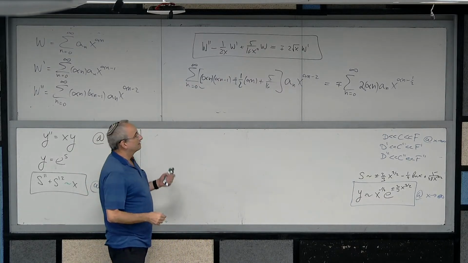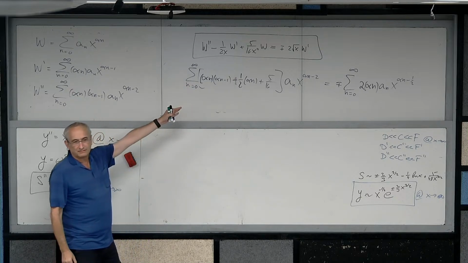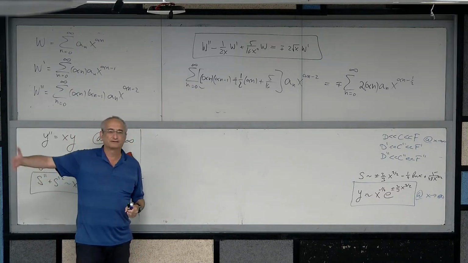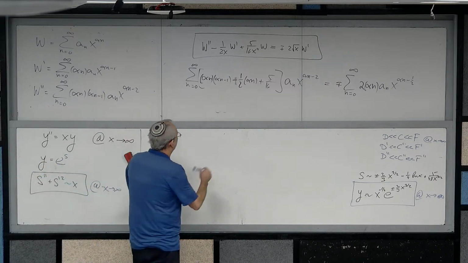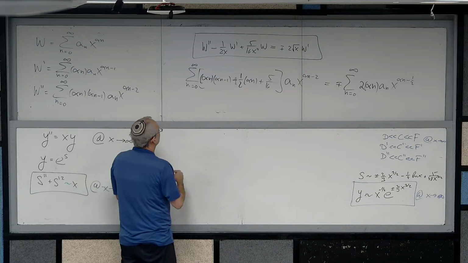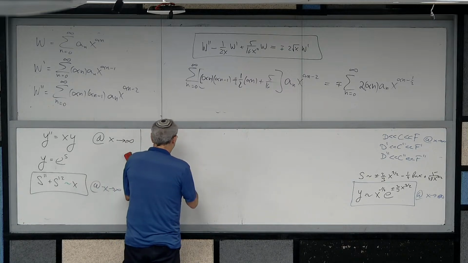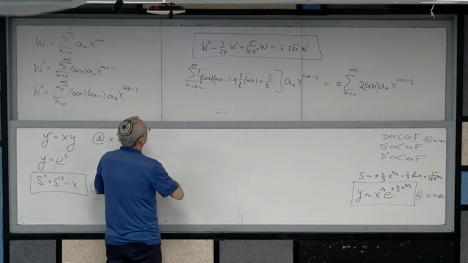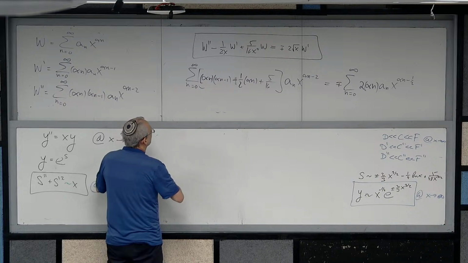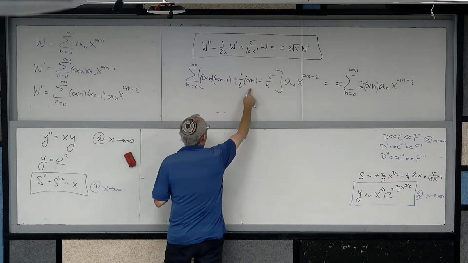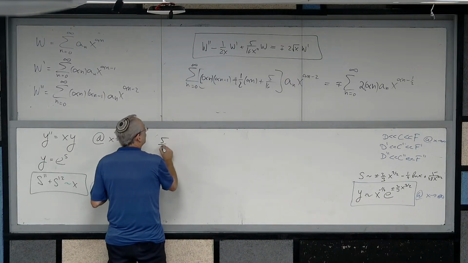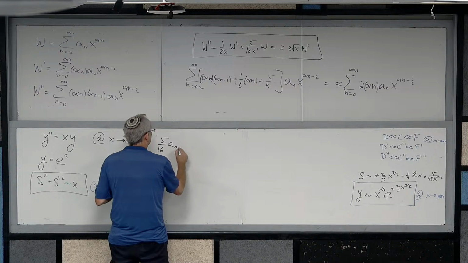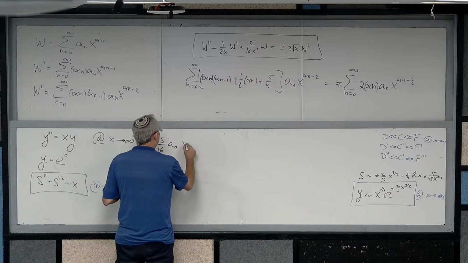I can never deal with such problems without writing the first few terms. So please help me. What will be the first few terms of the left-hand side? Let's speak about n equals 0. What will it give me? 5/16. This will be 0, this will be 0. And I will get 5/16 a_0 x to the minus 2.